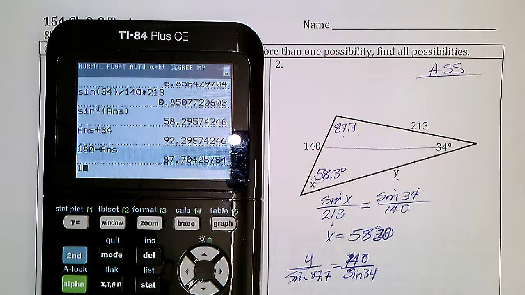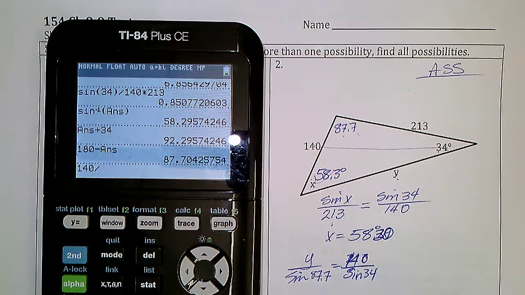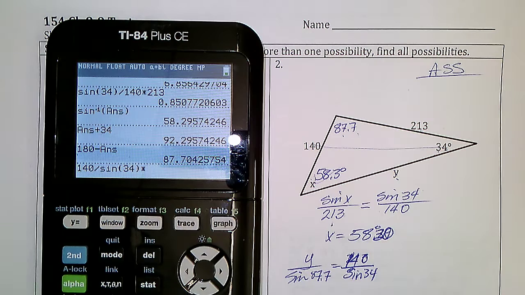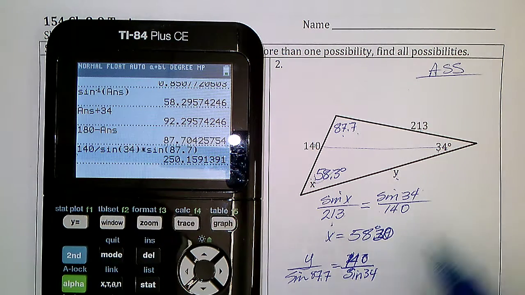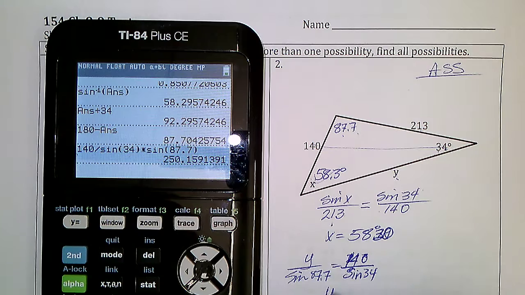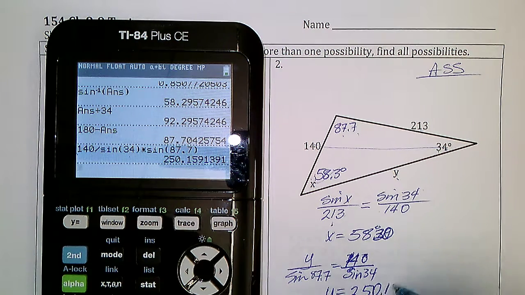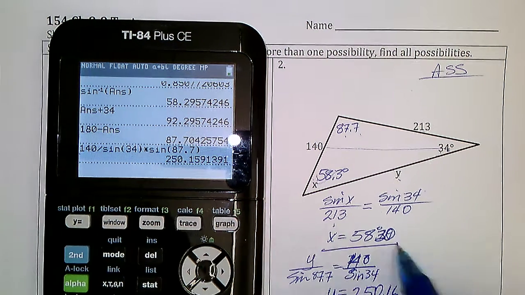So I do 140 divided by sine of 34 times sine of 87.7. And I get the side y would have to be 250.16 if you want. Close enough.